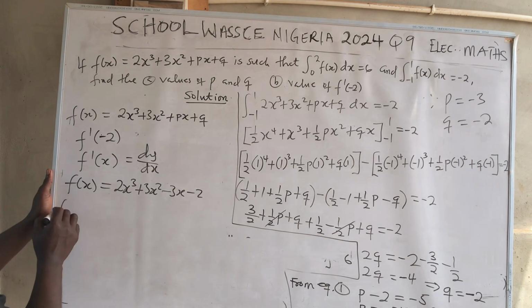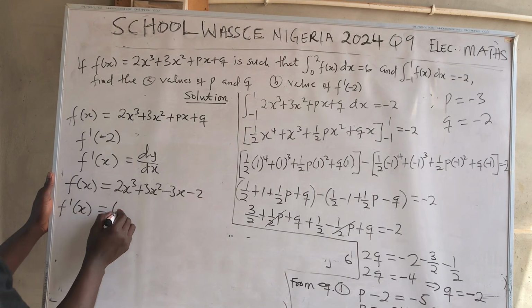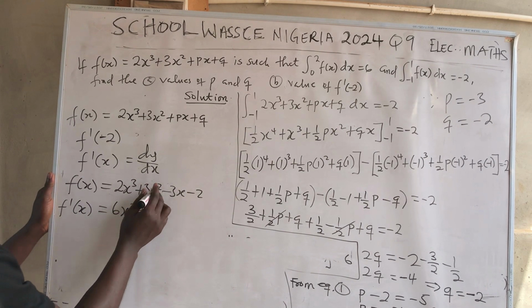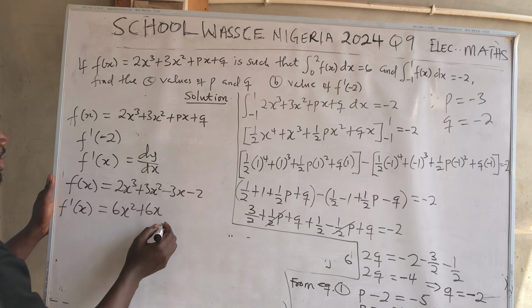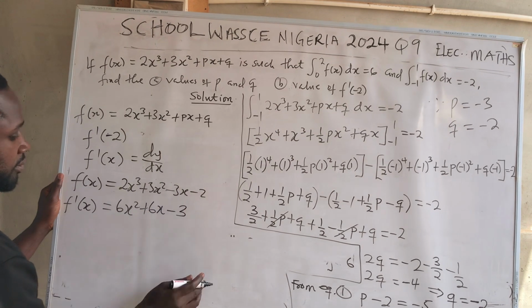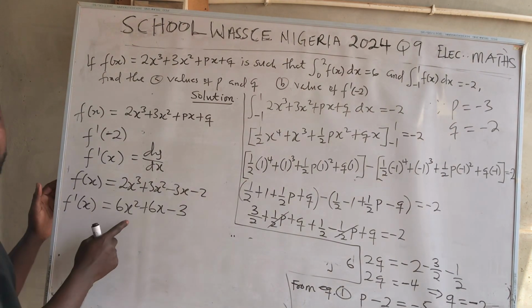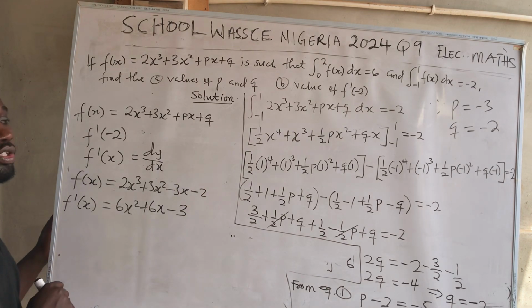Therefore, our f prime of x will be equal to 6x squared plus 6x minus 3. The constant will give us 0 when you differentiate.